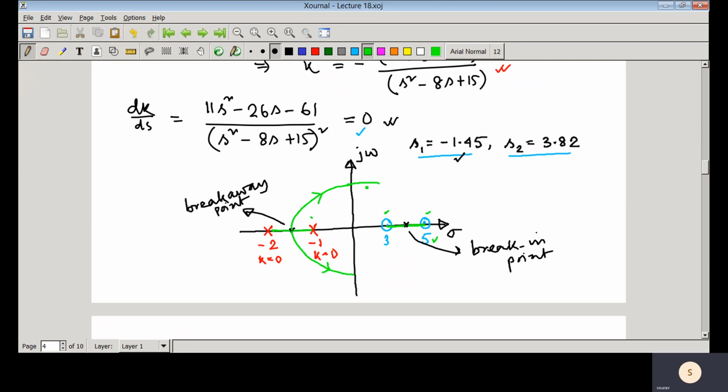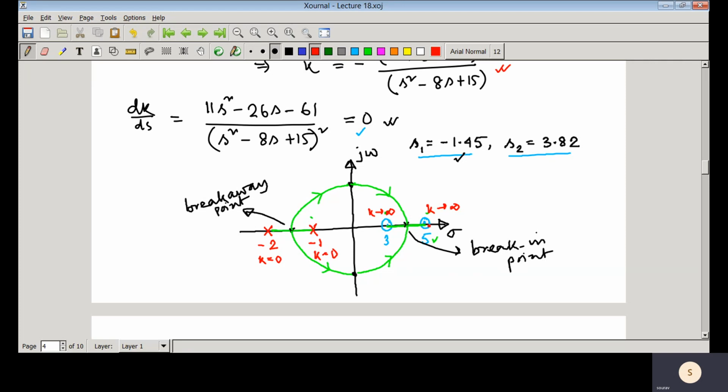If you keep on increasing K, then again at the break-in point two roots become real, and finally when K tends to infinity, they reach the open loop zeros.